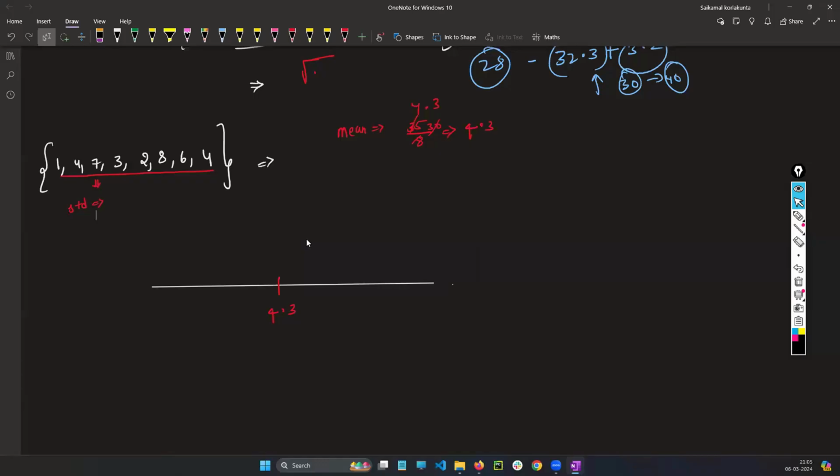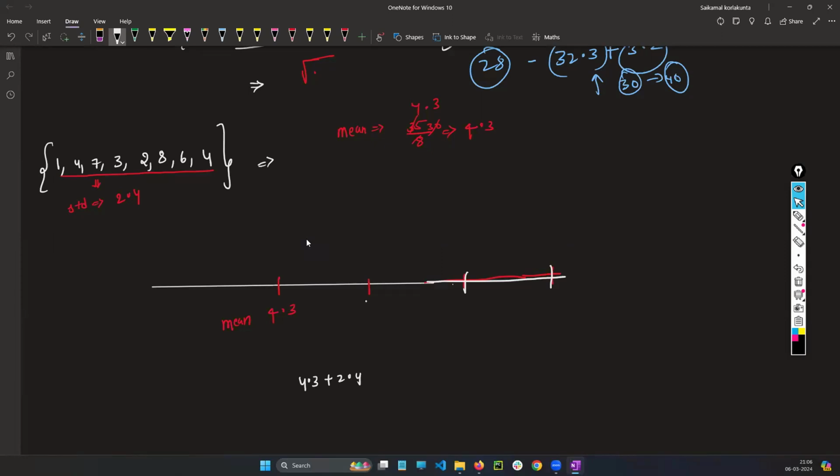What is the relation, sir? This is the mean. From the mean, the first standard deviation, second standard deviation, third standard deviation. First standard deviation means 4.3 plus 2.4. What value will you get?